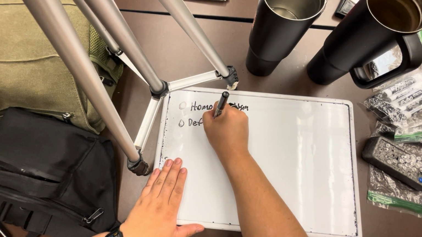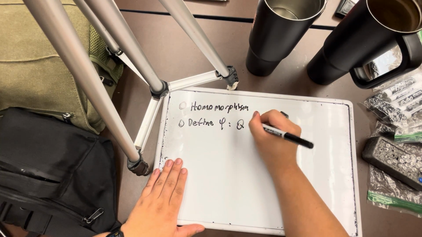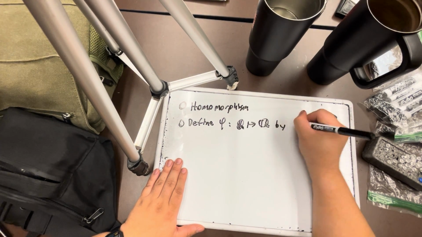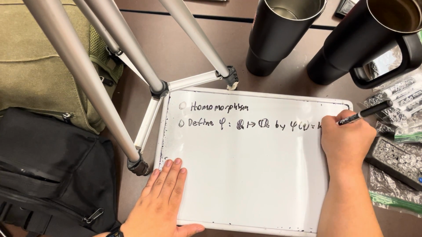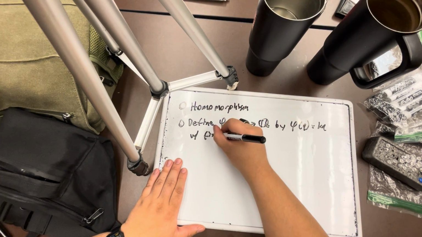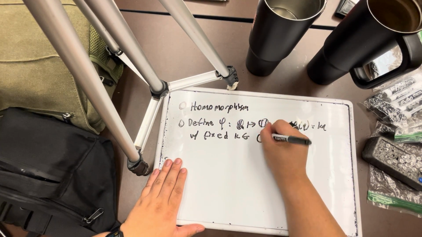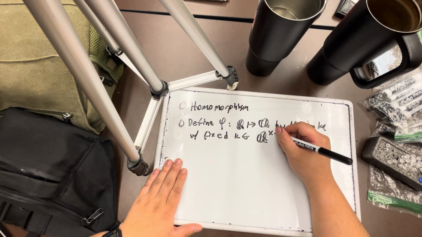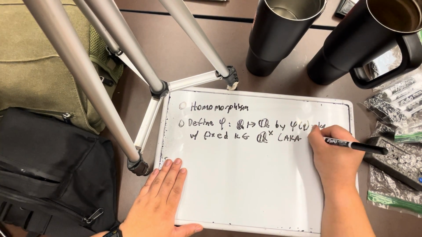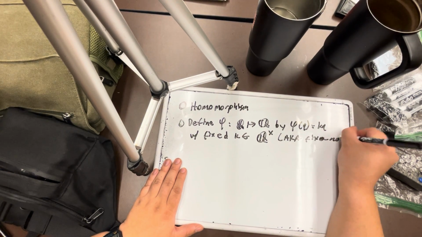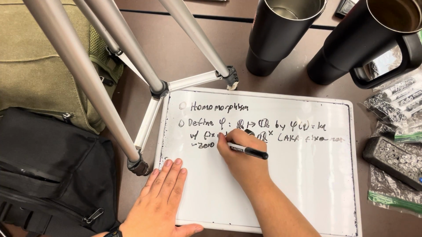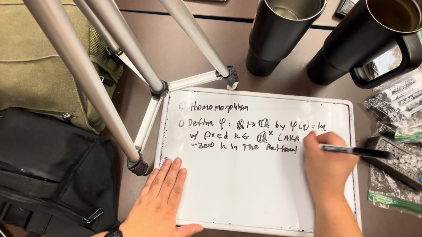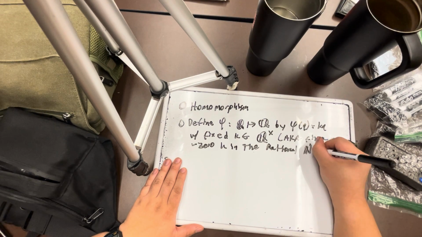So define phi to be the map from the rationals to the rationals by phi of q equal to kq, with fixed k an element of the rationals with the exclusion of 0, the units of the rationals, aka fix a non-zero k in the rational numbers.